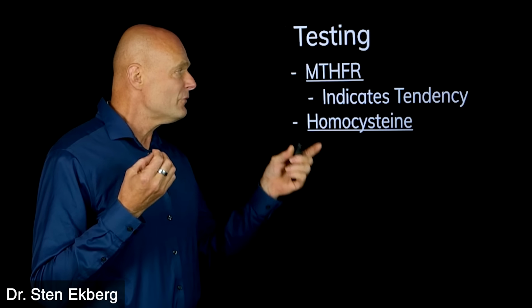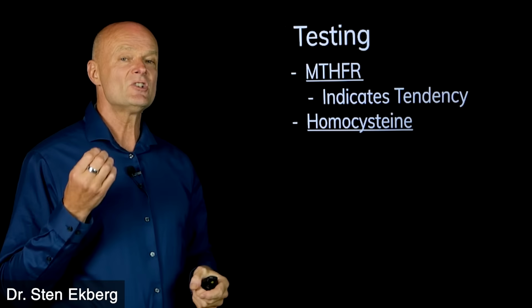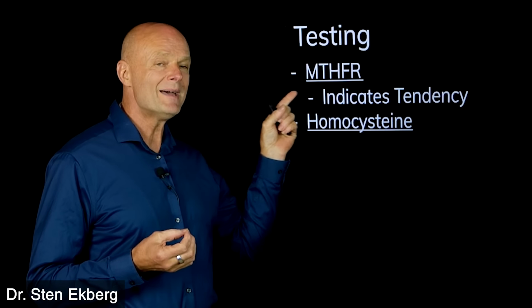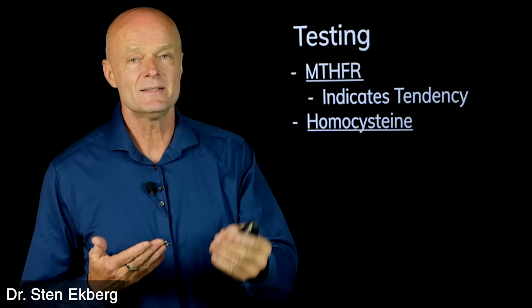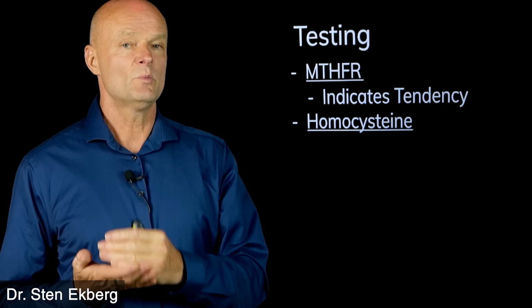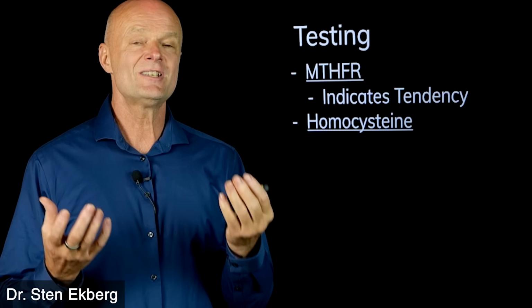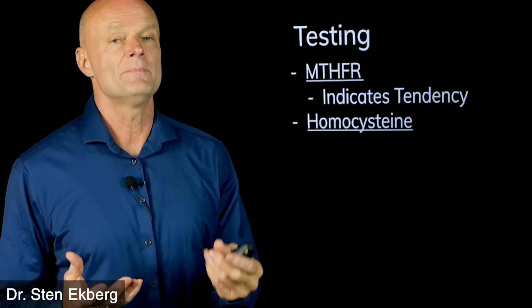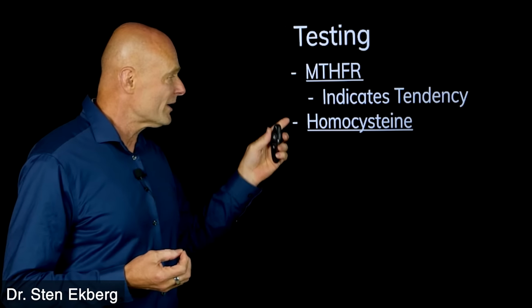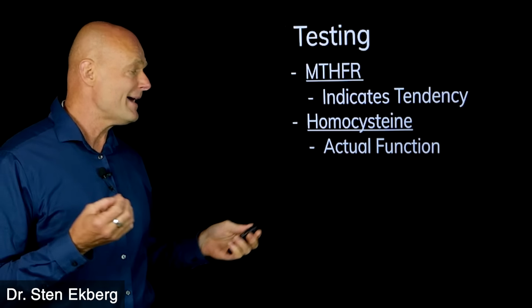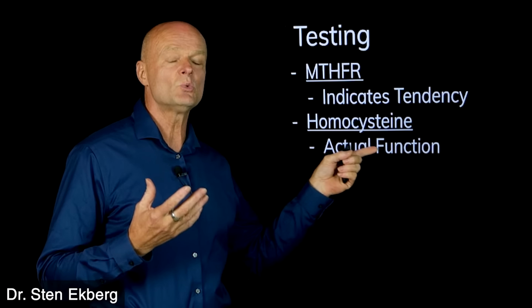Now, which one is better to test, so to speak? Well, if you test the MTHFR gene, what you're measuring is your tendency to develop high homocysteine. It doesn't tell you if you have high homocysteine, it just tells you the probability that you would. Whereas if you measure homocysteine, now you're measuring the actual function.